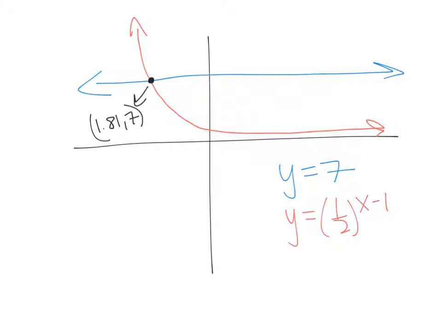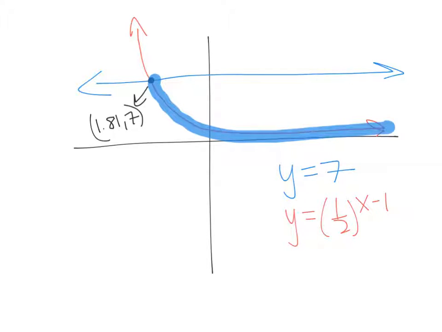To determine that, I can analyze my graph. If I look at it, I'm going to notice that all of these y values right here are less than the y values of my linear function.